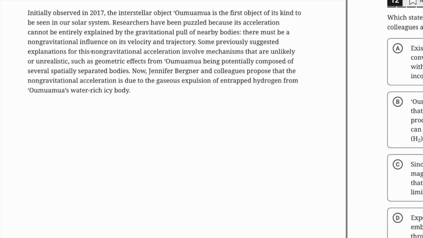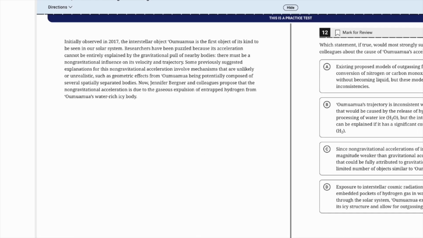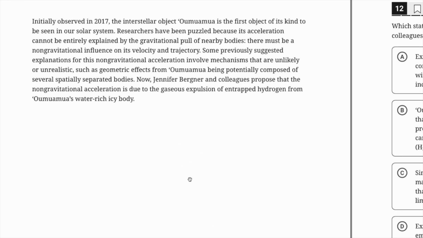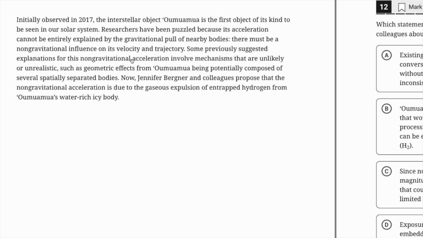There must be a non-gravitational influence on its velocity and trajectory. Okay, we're looking for an explanation of its acceleration.